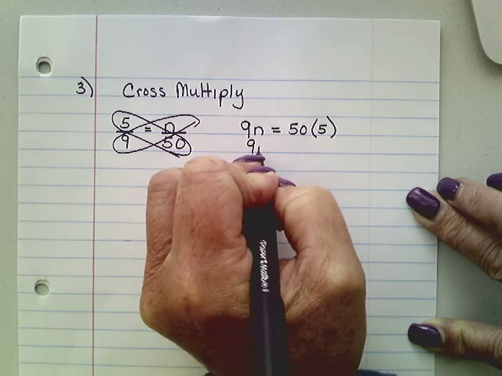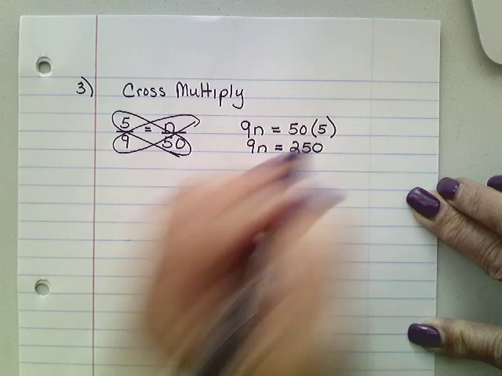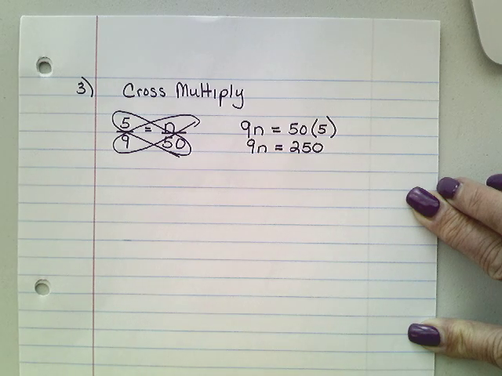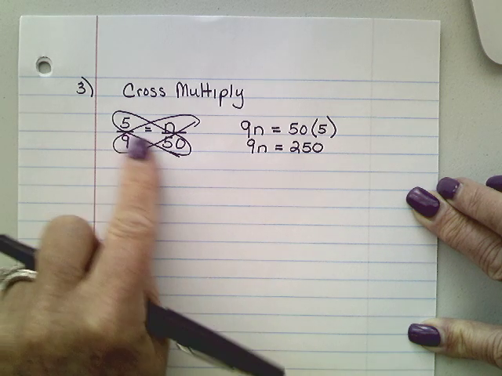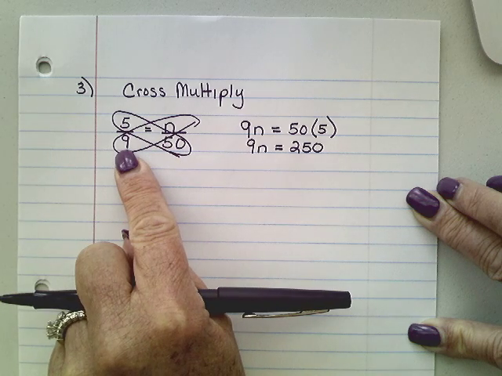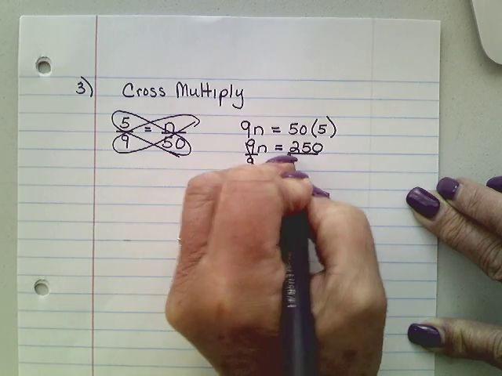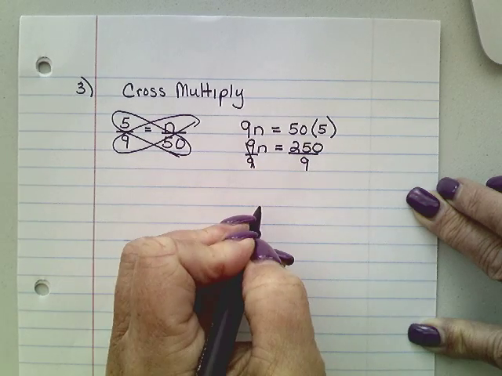I will have 9n is equal to 250. Now at this point, you have to divide both sides by 9. So basically what we're doing is multiplying the two numbers that we know and dividing by that third number. So I'm going to divide both sides by 9.